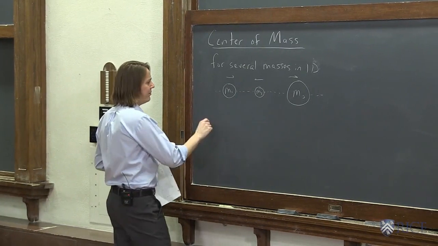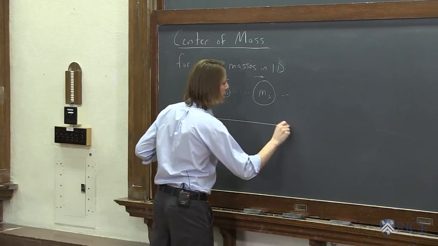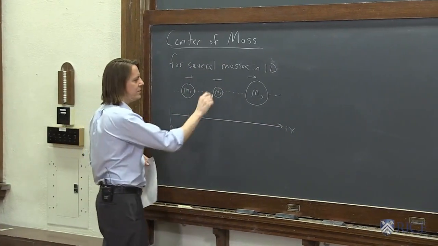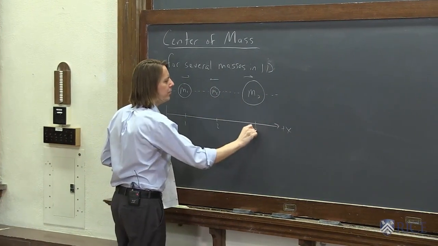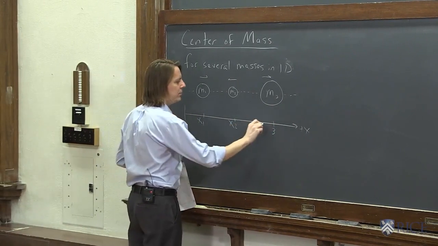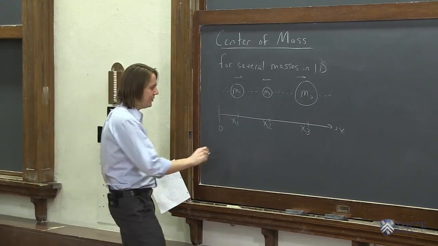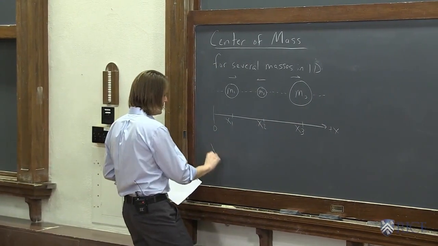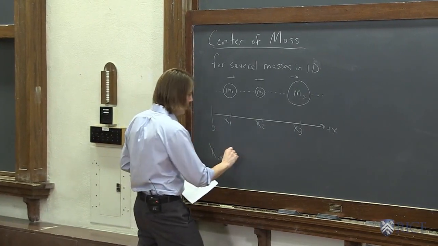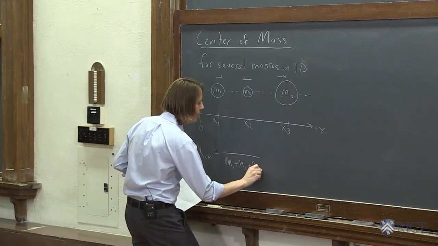To do it, you've got to define a coordinate system. So we're going to start with the origin here and make this the x-axis. And then we can define the position of each of these on that coordinate system. So they sit at positions x1, x2, x3. The simple formula for finding the center of mass is this. x center of mass of this system of particles is, on the bottom you put the total mass, m1 plus m2 plus m3.